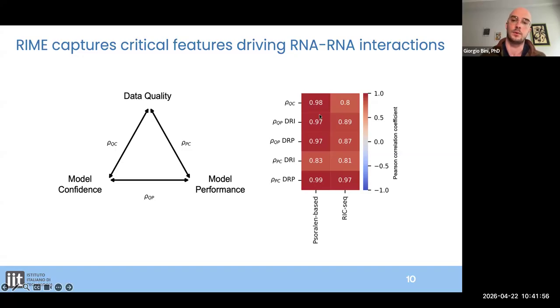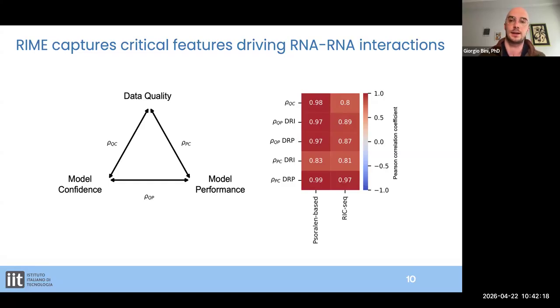And here on the right, we can see a heat map with all the correlations between these pairwise comparisons in both psoralen and RIG-seq. As we can see, there is a high correlation score, suggesting the reliability of RHYME.